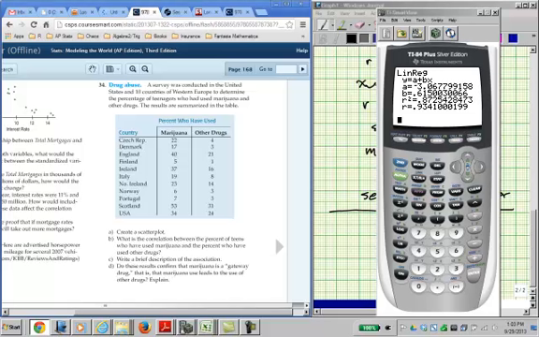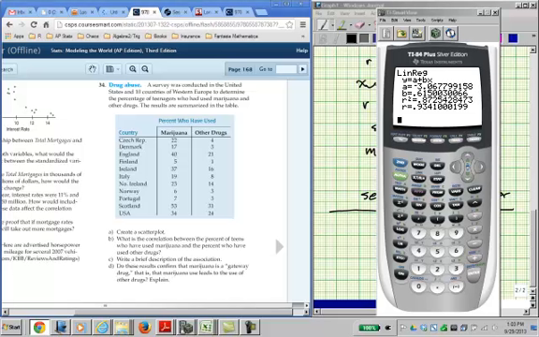This is what B means. For every increase of 1%, you've got to put it in the units and contextualize it. For every increase of 1% of marijuana users, the percent of people in the country that use other drugs increases by 0.615%.